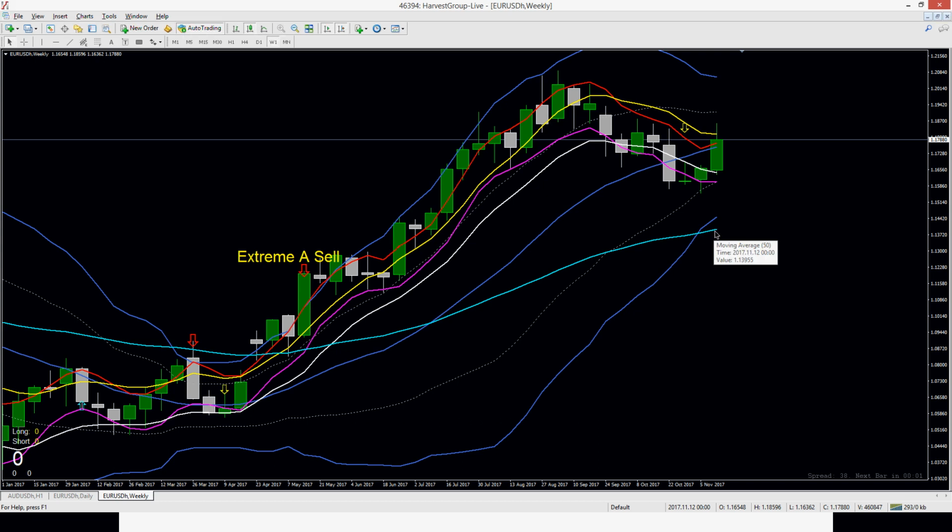Whenever MA50 is outside the Bollinger Band, there are two possible things that might happen. If this is a sell setup, then obviously the price will go towards MA50 to put it back inside the Bollinger Band. But let's just analyze the market for the weekly first.